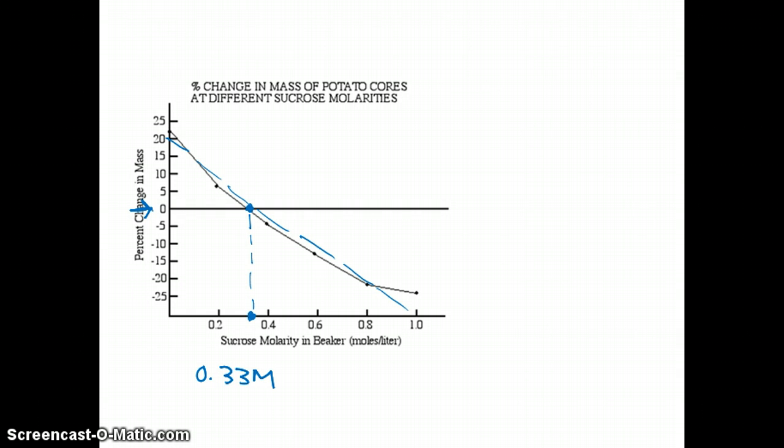If I was to calculate the solute potential, remember it's a negative value, it's negative iCRT.